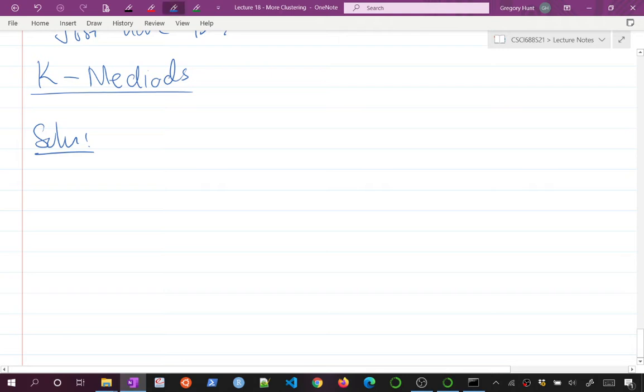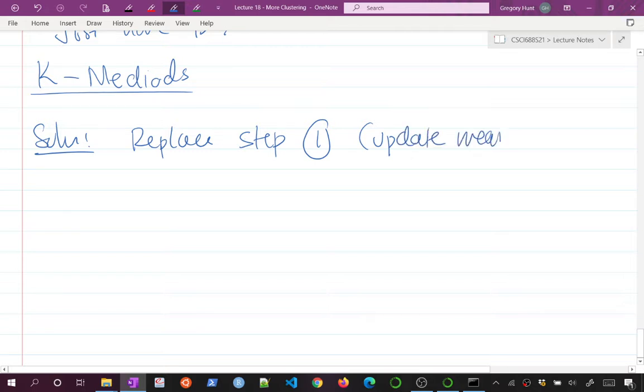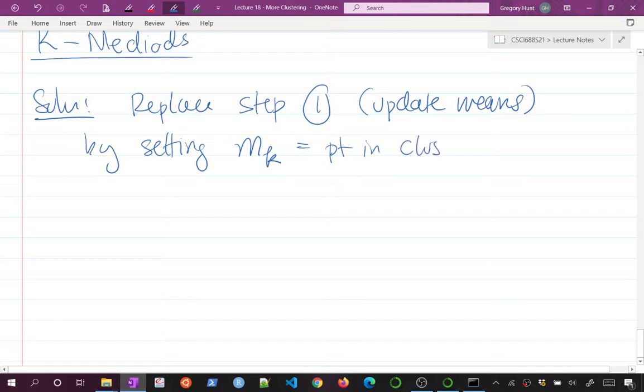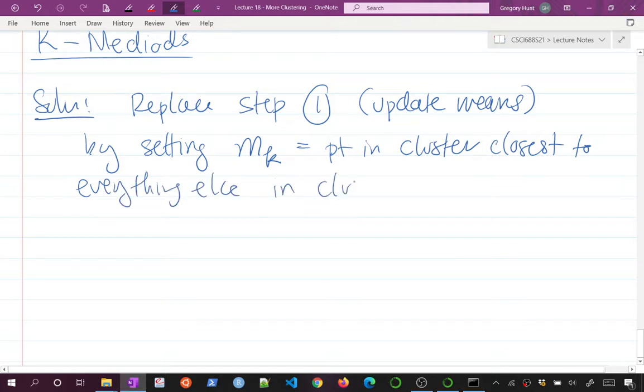The solution here is basically to replace step 1, where we calculate our means, the update-our-means step, by setting m_k, as we talked about before, to be the point in the cluster closest to everything else in the cluster.